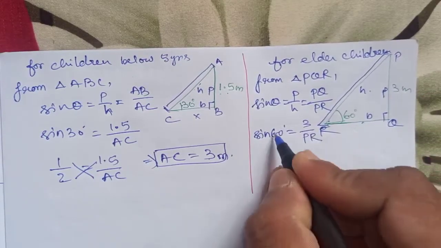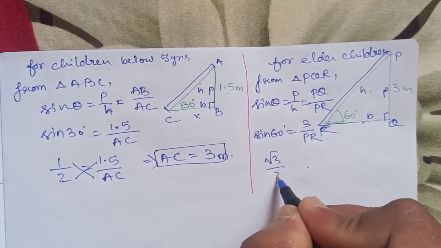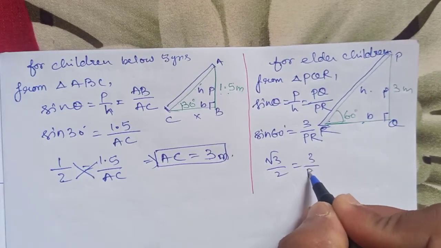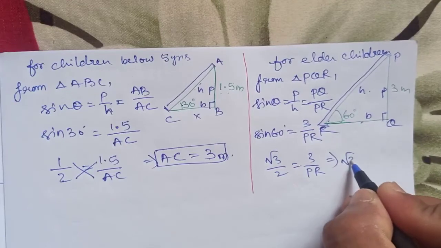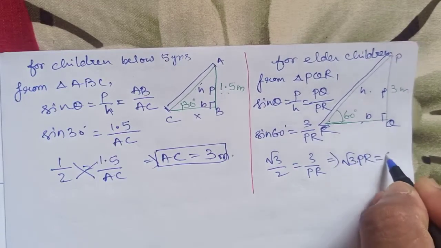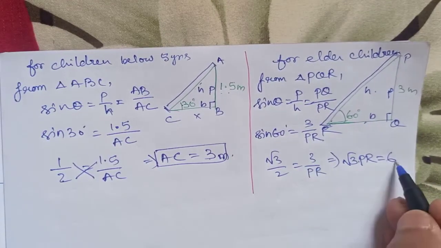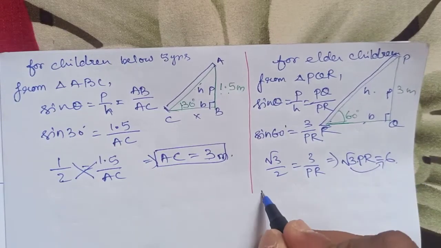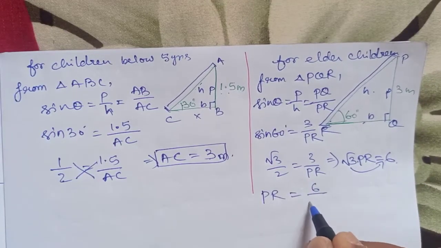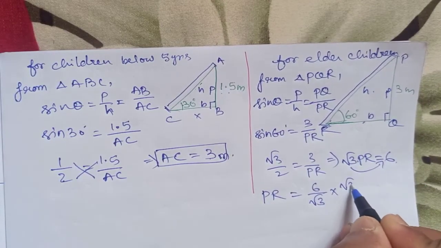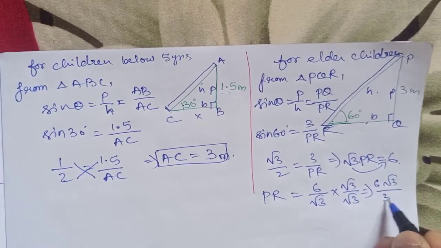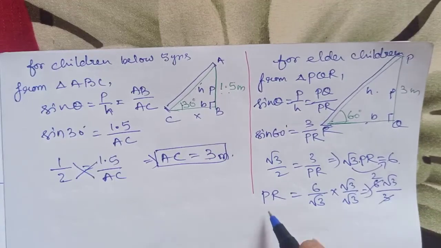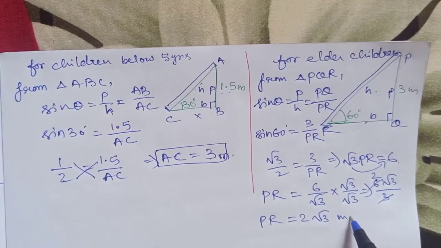PR we are finding out. Sin 60 is root 3 by 2 equals 3 by PR. Cross multiply, you will get root 3 PR equals 6. 2 3s are 6. Divide by root 3, PR equals 6 by root 3. Rationalize it, you will get 6 root 3 by 3. 3 2s are 6, we will get. So PR is 2 root 3 meter.